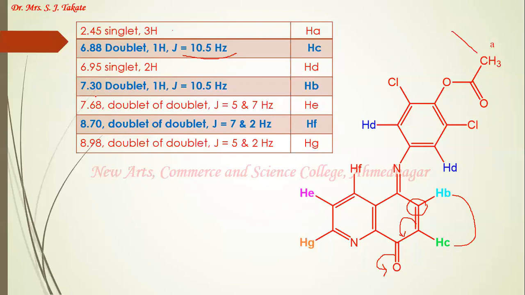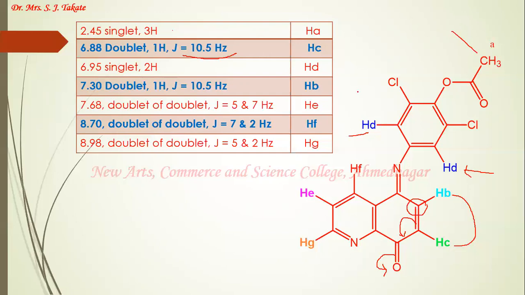Therefore the 7.30 signal is because of the B proton, while the 6.88 will be because of the HC proton. 6.95 singlet for 2 protons can be assigned to the 2 D protons, as these 2 protons are chemically equivalent and they do not have any coupling partner, therefore they show the singlet.